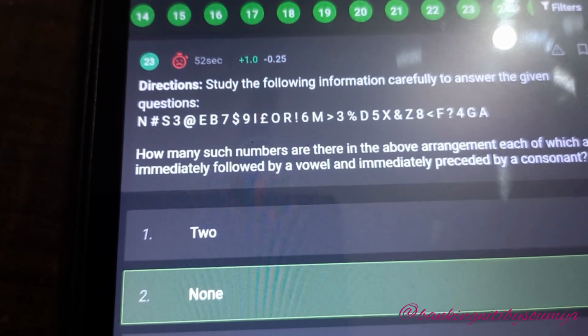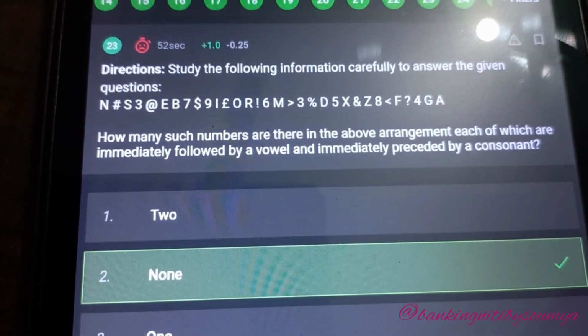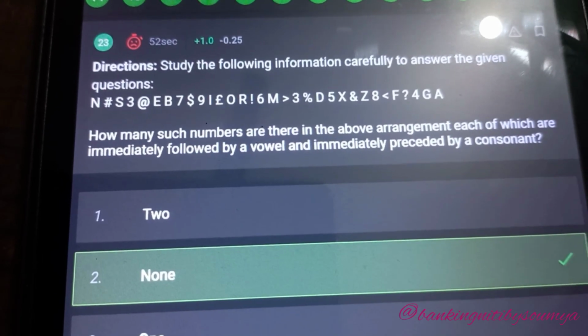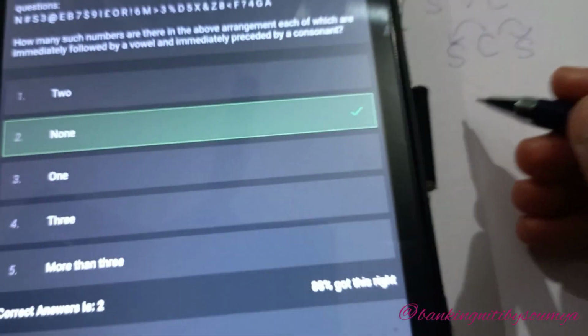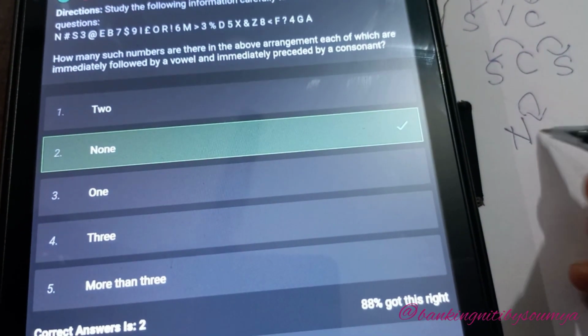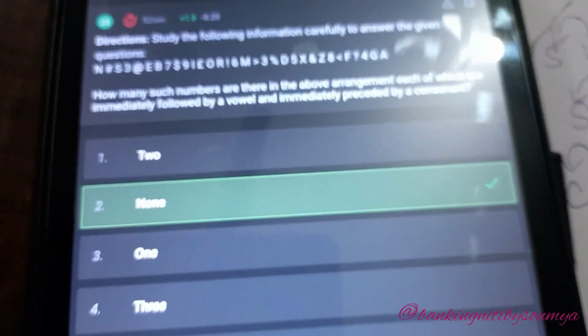Now the next question is, how many such numbers are there in the above arrangement, each of which is immediately followed by a vowel and preceded by a consonant? So let's see.